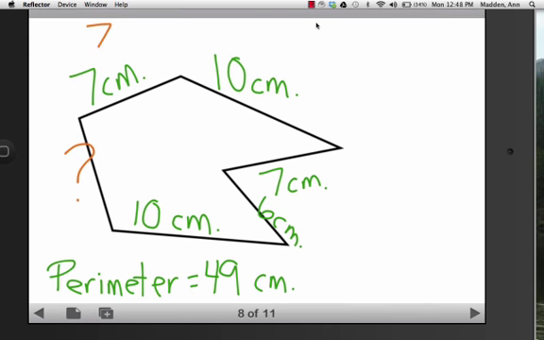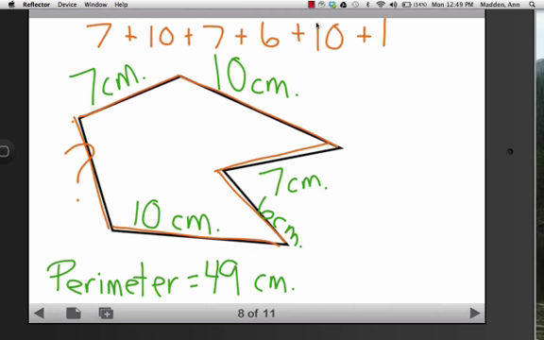7, here's my 7 centimeters, plus 10 centimeters, plus 7 centimeters, plus 6 centimeters, plus 10 centimeters, plus, let's give this the letter B, equals, what is it going to equal? It's going to equal 49 centimeters.